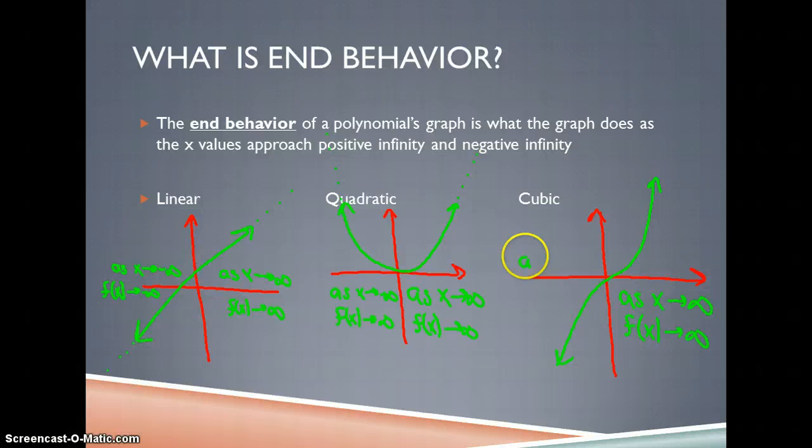Same thing here, as x goes to negative infinity, further out the left, our function values go down. They also go to negative infinity. This is just a brief sample of what end behavior is and what they look like.